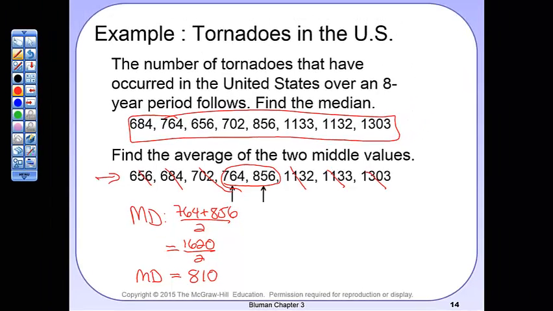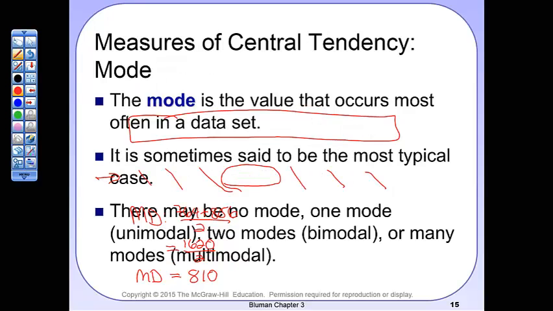So the median for the number of tornadoes is 810 tornadoes over this 8-year period. So again, if we can find the exact middle number, that is wonderful. Sometimes we can, but sometimes we can't, like in this case, and we take the mean of the two middle numbers.